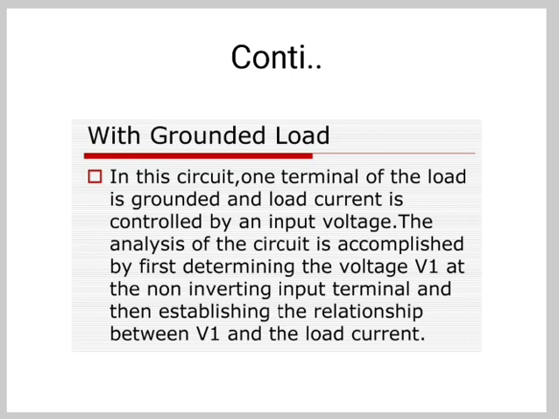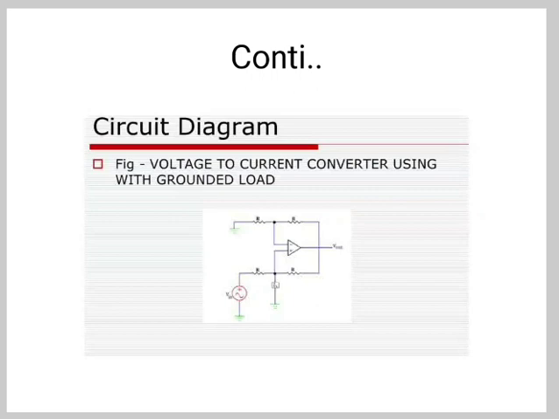The analysis of the circuit is accomplished by first determining the voltage V1 at the non-inverting input terminal and then establishing the relation between V1 and the load current. So this diagram shows voltage to current converter using grounded load.